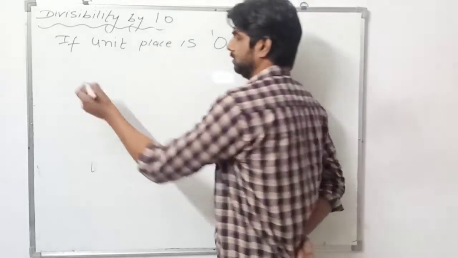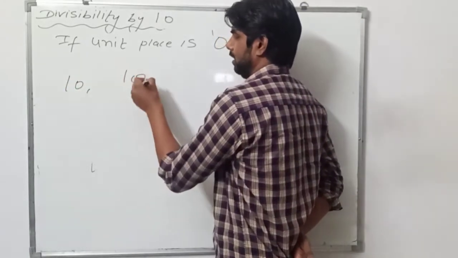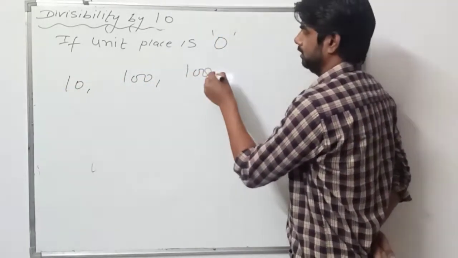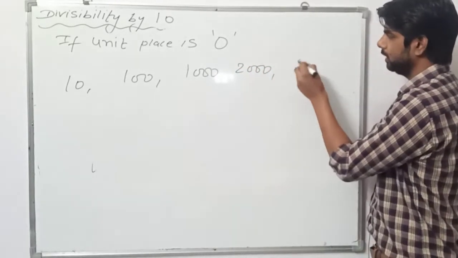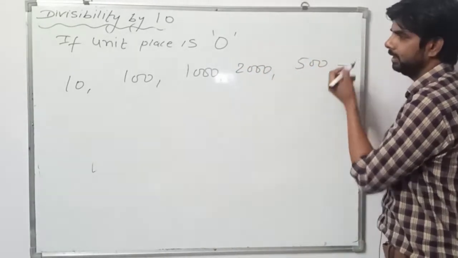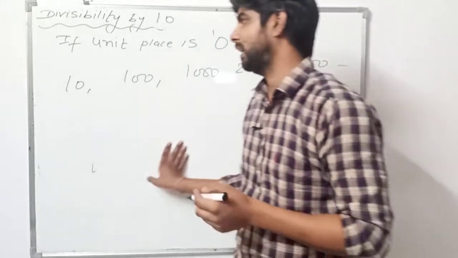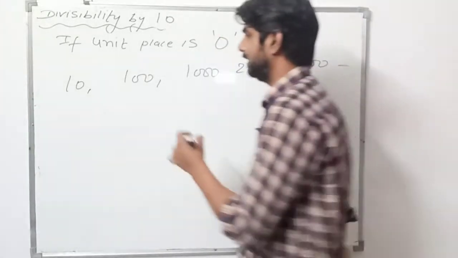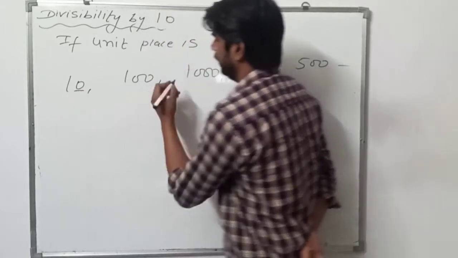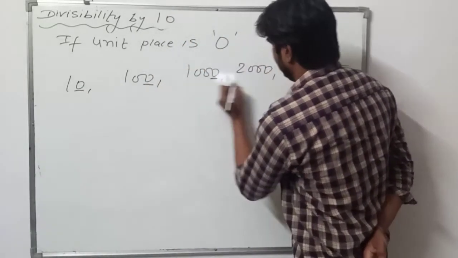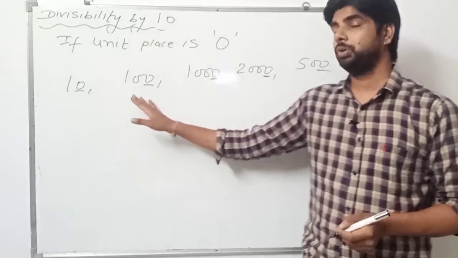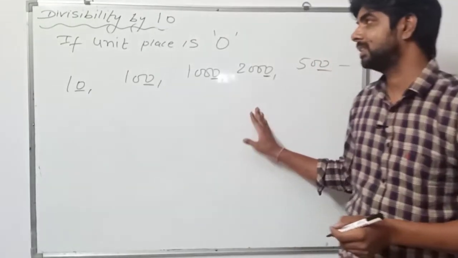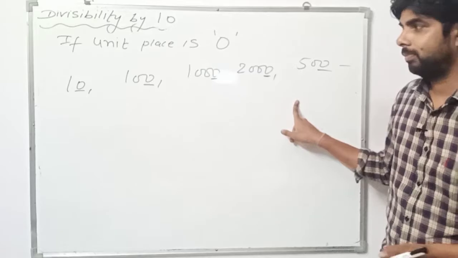For example, 10, 100, 1000, 2000, 500. In all these numbers, we have seen that the last digit is 0. If the last digit or the unit digit is 0, that means that number is fully divisible by 10.